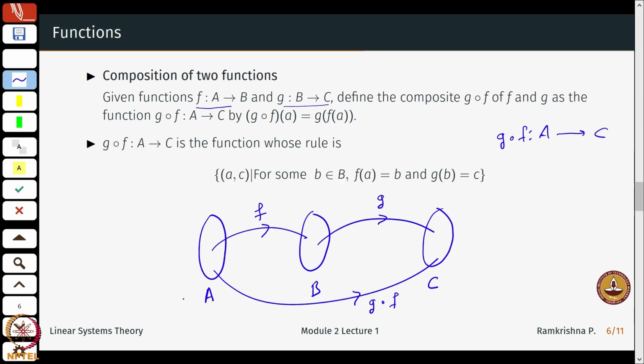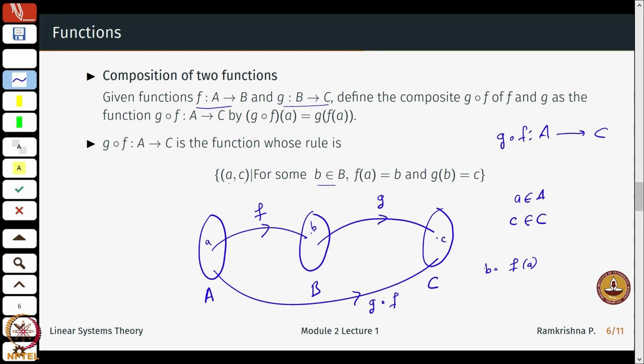So here I am looking at the pair A comma C, where A is in capital A and C comes from capital C, in such a way that for some B, the point A under the map f goes to B, such that B is f of A. Now what does G do?